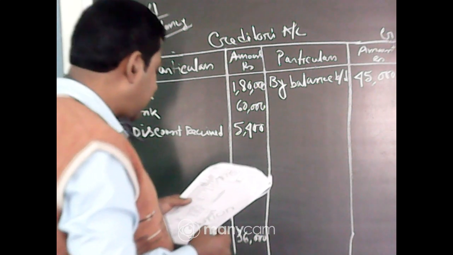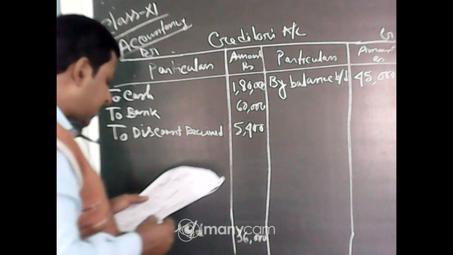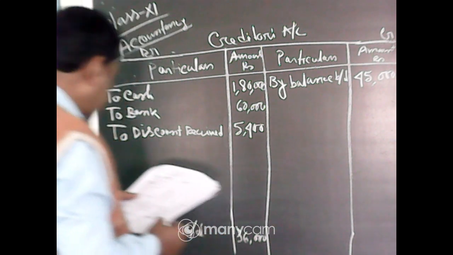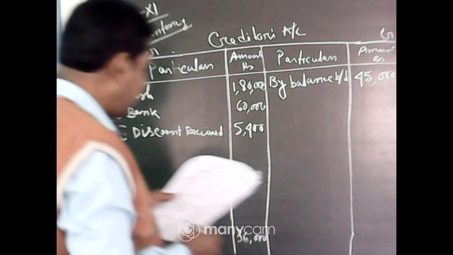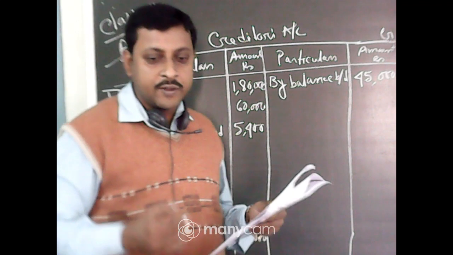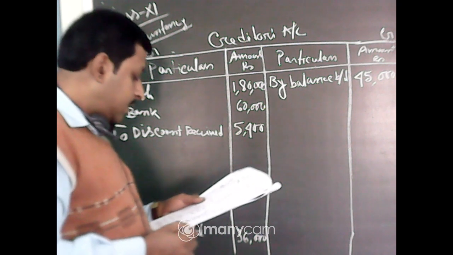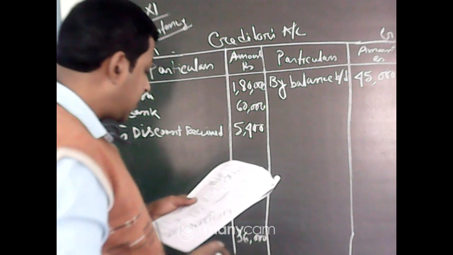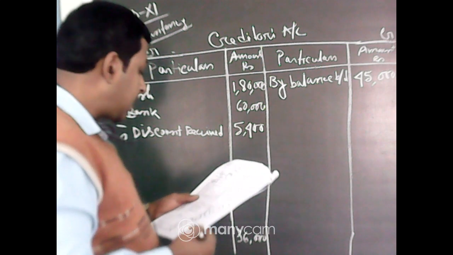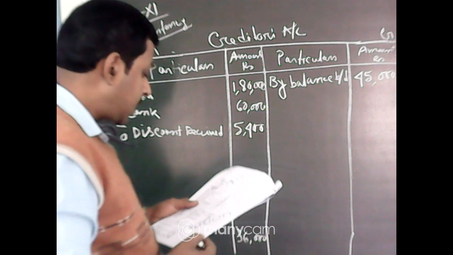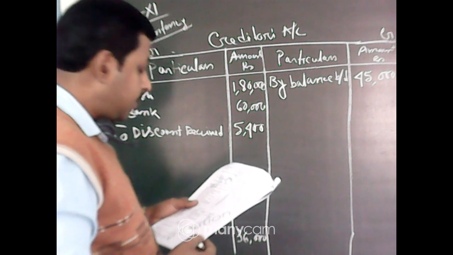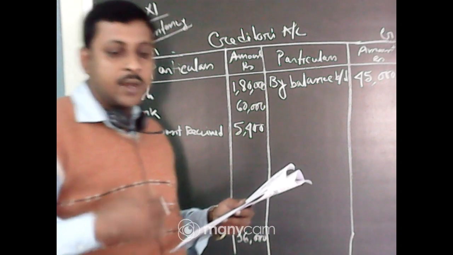Now, bills payable given to creditors 12,750. Now, we issue bills. In the bill of exchange chapter, we already learned, whenever we issue the bills or the bill is accepted by the creditor, what entry do you have to pass? Bills payable given to creditors means we have actually paid the creditors.